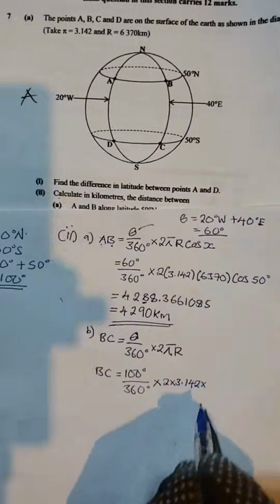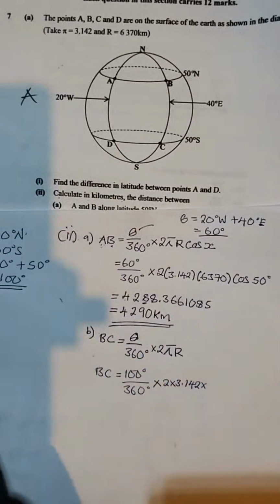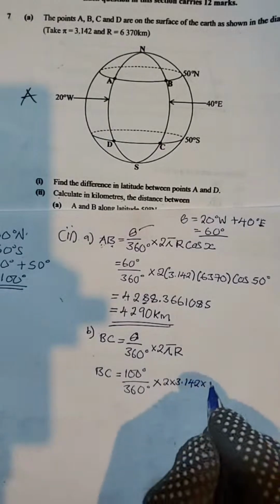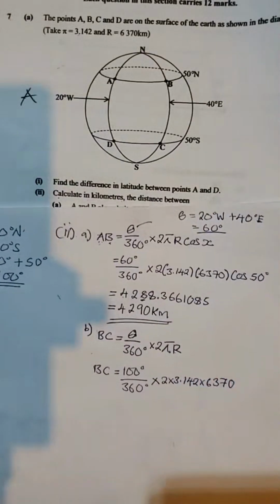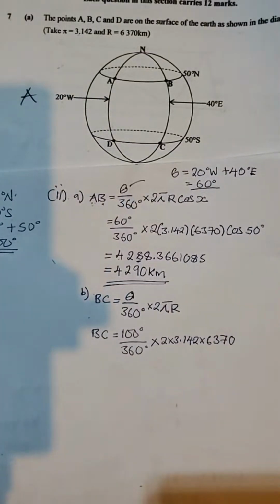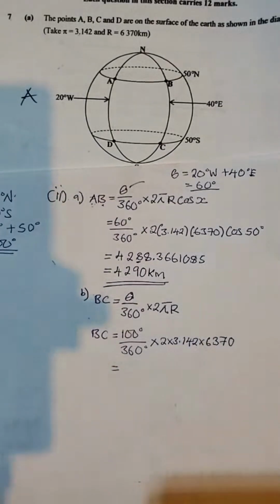So we're going to say 100 degrees over 360 degrees times 2 times pi, which is 3.142, multiplied by the radius of the earth in kilometers, which is 6,370. Then let's punch these figures on our calculators. You can just see 100 divided by 360, then multiplied by 2, multiplied by 3.142, multiplied by 6370.